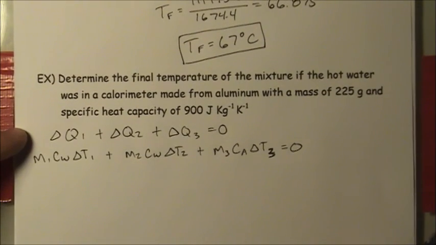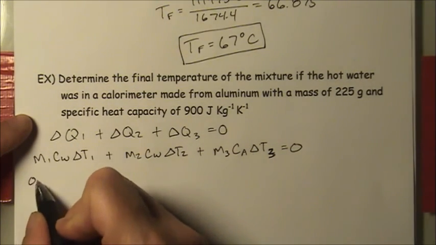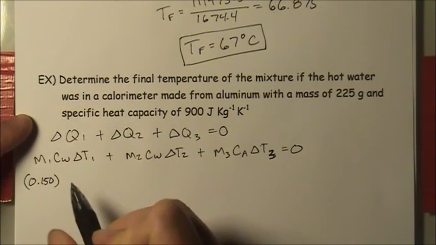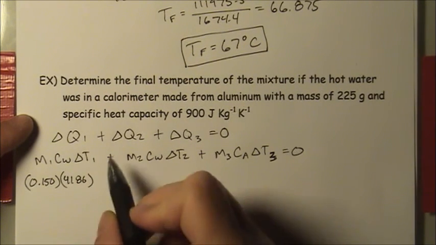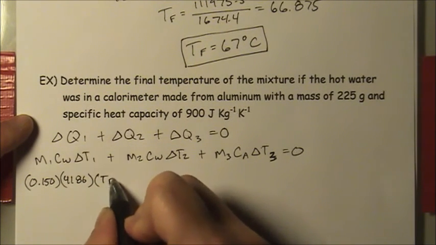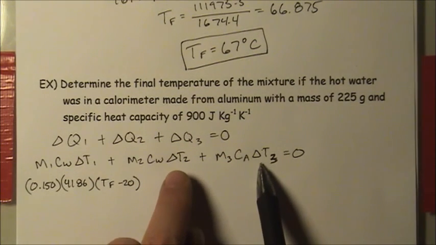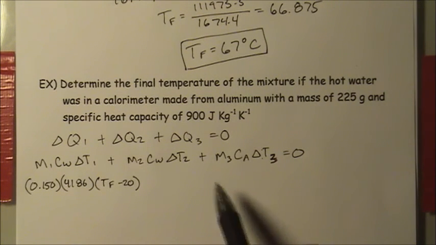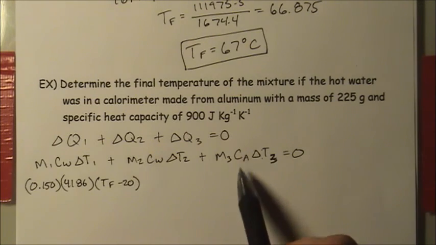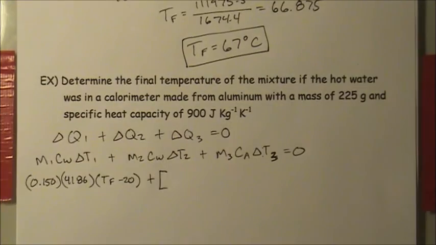So we have the numbers from the previous problem, so I'm going to go ahead and bring some of those numbers down. For this one, that's going to be 0.150 times 4186 times, in this case, TF minus 20. Now what I'm going to do is a little bit different, because I do know that these two are going to have the same temperature. I'm going to bring the M2CW and the M3CA out, so I'm going to put a bracket.